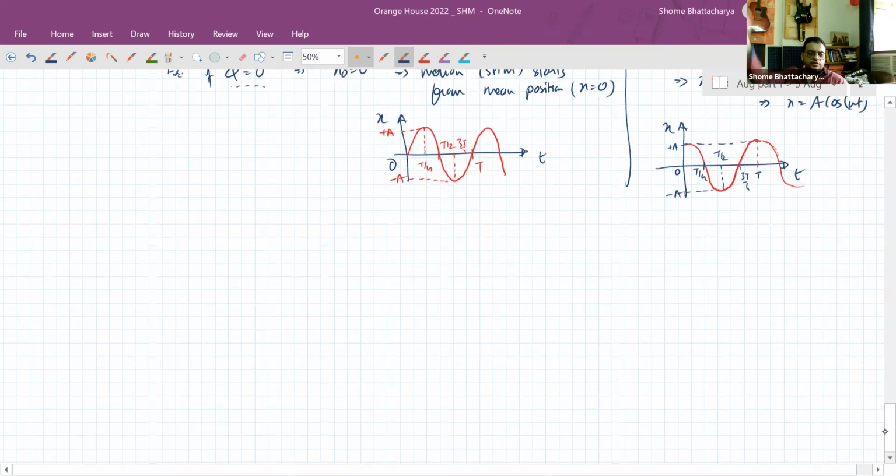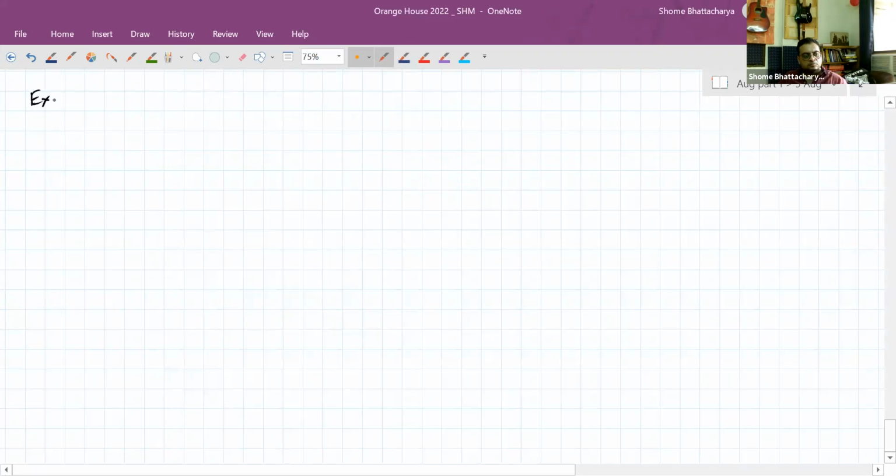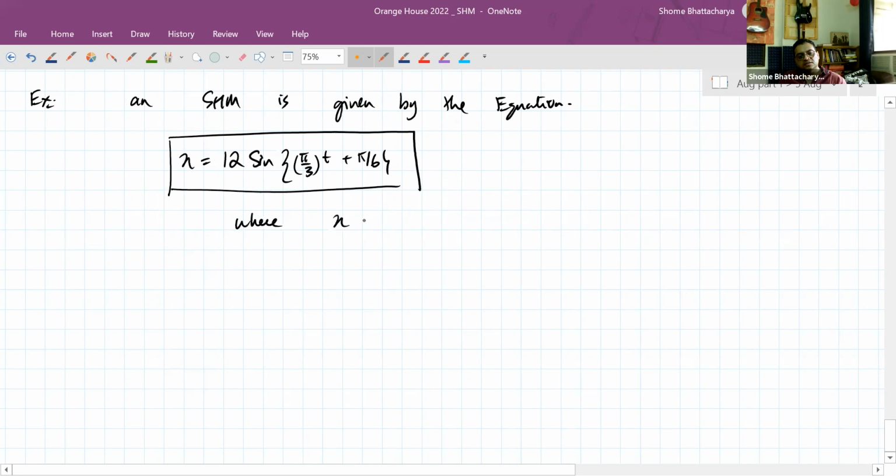Okay, so let's look at some more examples. An SHM given by the equation x is equal to... where, let's say, x is in centimeters, t is in seconds.